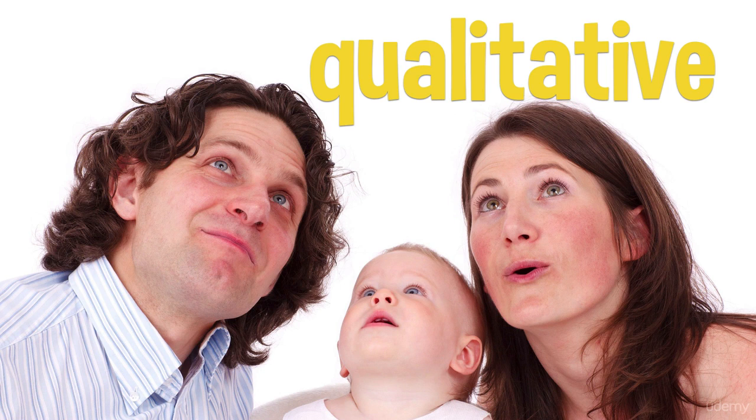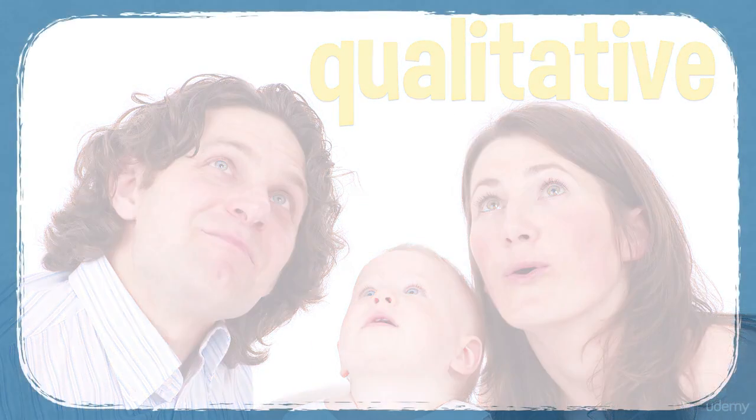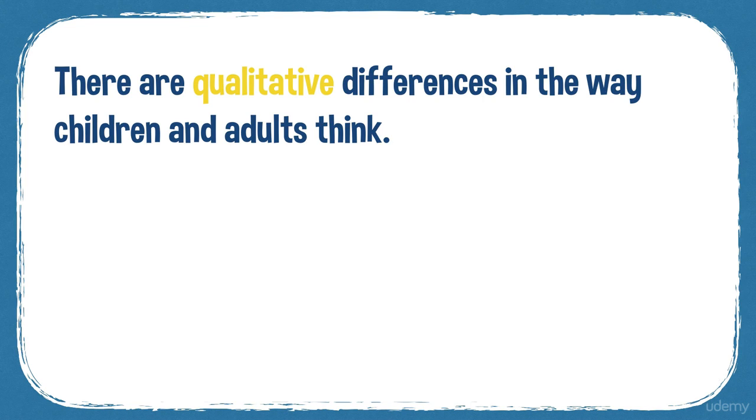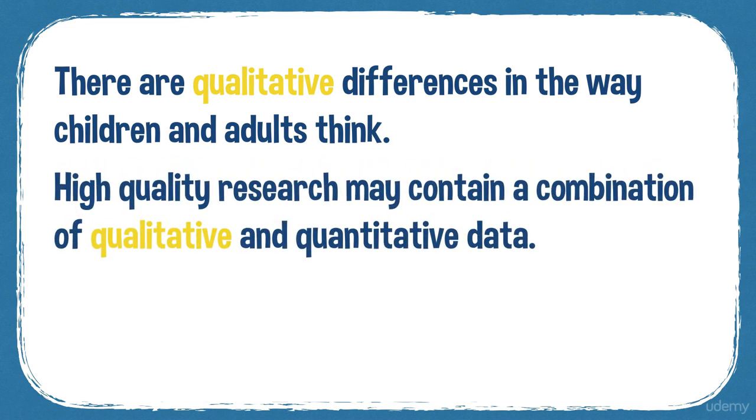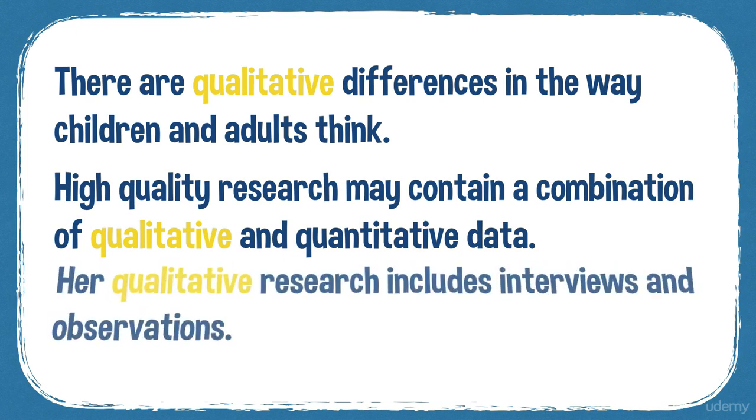So, for example, we know that there are qualitative differences in the way children and adults think. So the two adults here are thinking in different ways to the child, to the baby. And there's that sentence. Another example, high quality research may contain a combination of qualitative and quantitative data.